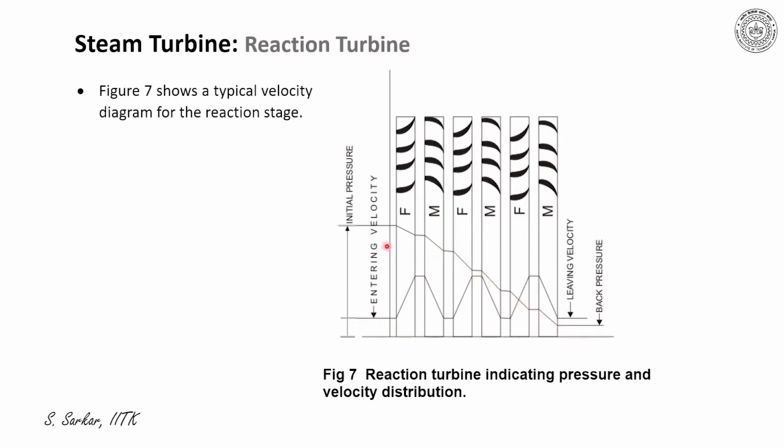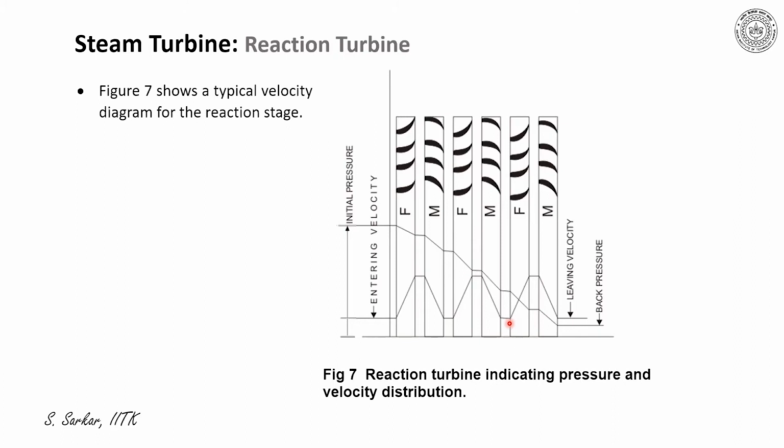An enthalpy drop in a single stage remains almost constant as it passes through stages, and thereby, as I have indicated here, the velocity, meaning the absolute velocity, increases in the fixed blade, then decreases in the moving blade. Again, in the following fixed blade, it increases and then decreases in the moving blade.